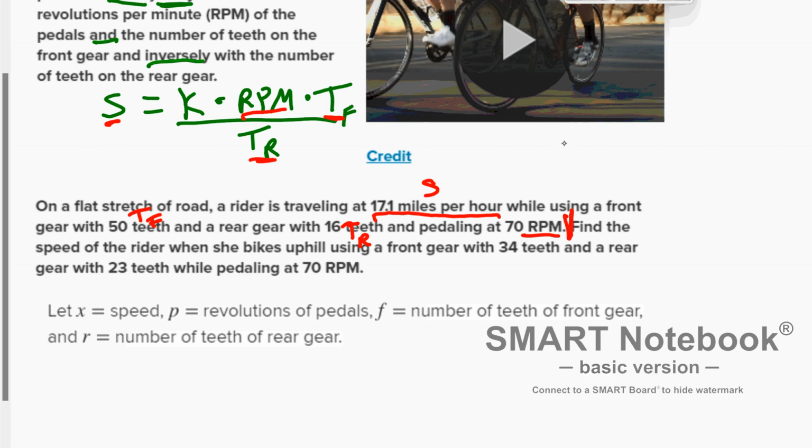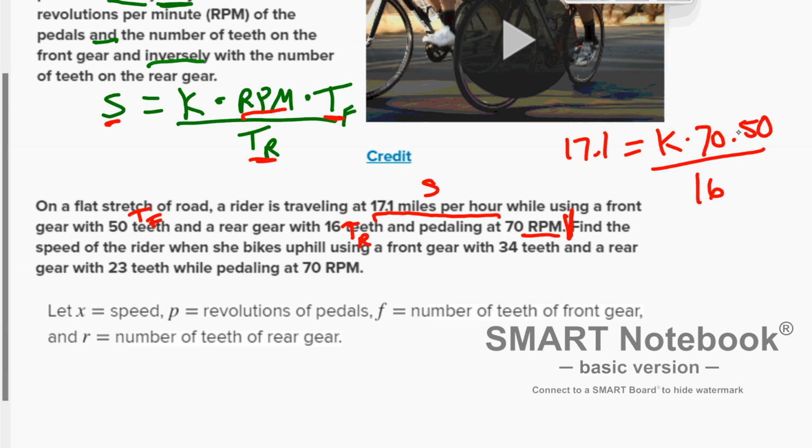All right, so we plug in our speed, 17.1 equals k times our RPM, which we said was 70, times our front teeth, which is 50, divided by our back wheel, which is 16. So now I can solve this however I want to. I can multiply those two numbers, divide by 16. That's fine.